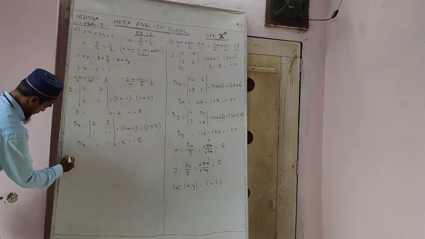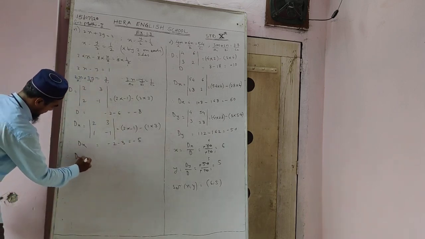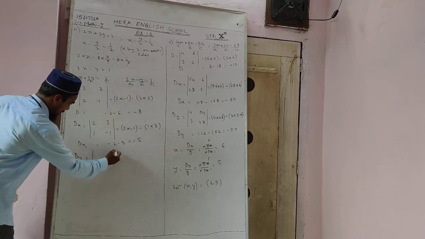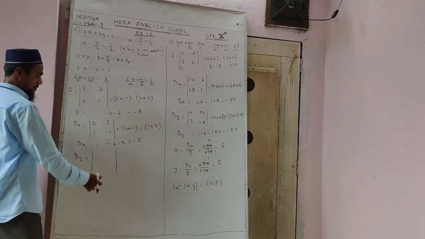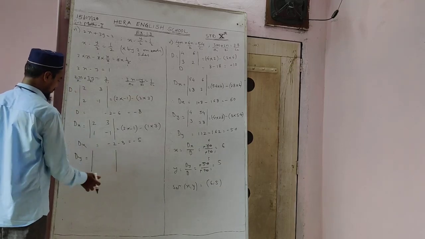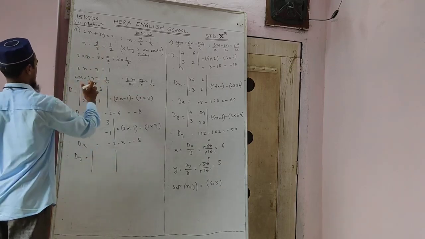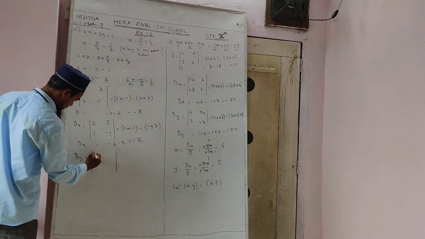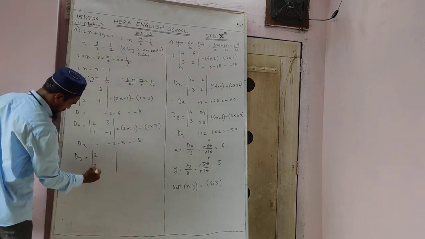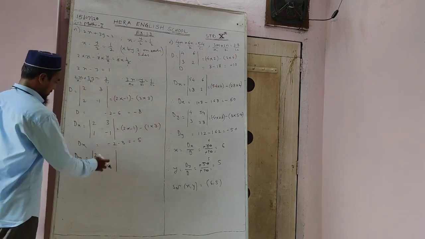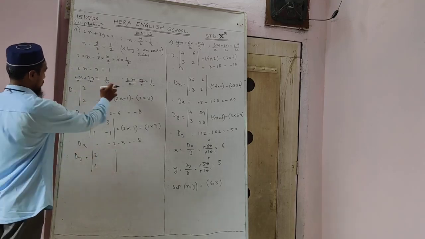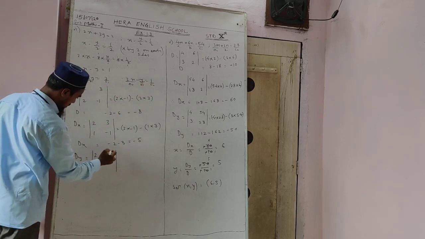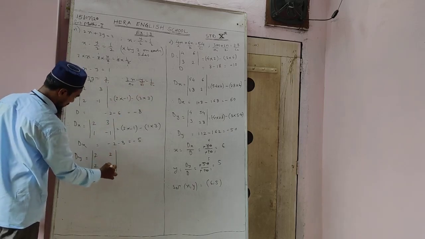Now continue, we will bring the dy. We will not take y here. In place of the y column, we will take c1 and c2. Keep the x column as it is: 2 and 2, meaning a1, a2. c1 is 2 and c2 is 1, so we write 2 and 1.